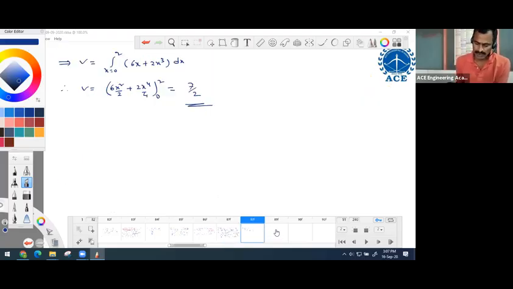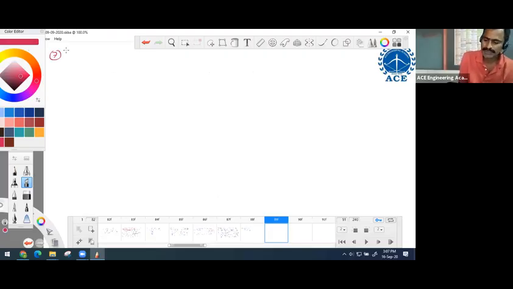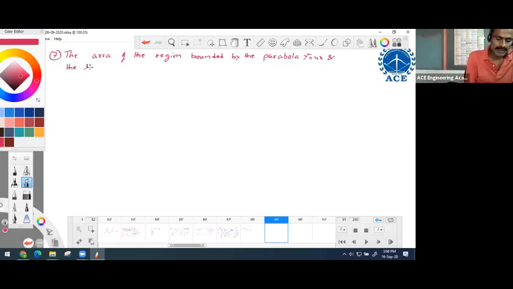Right. Next problem, problem number 7. The area of the region bounded by the parabola y square equal to 4x and the line y equal to 2x minus 4 is.